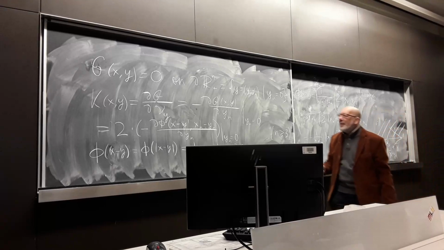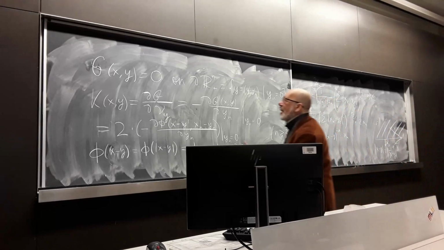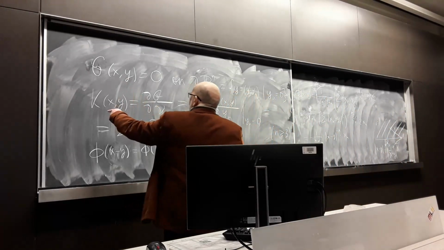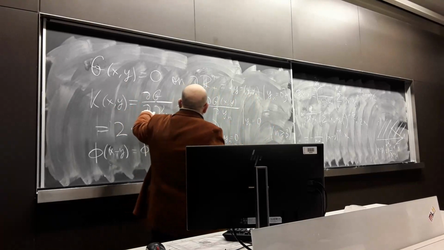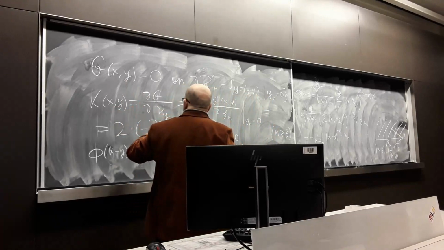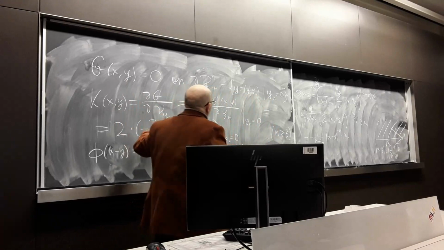And K is dG over du. It is simply twice with minus.